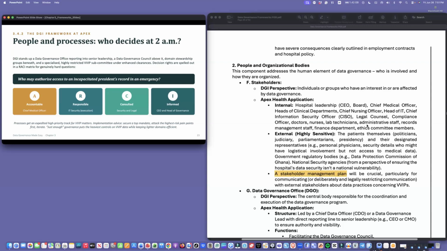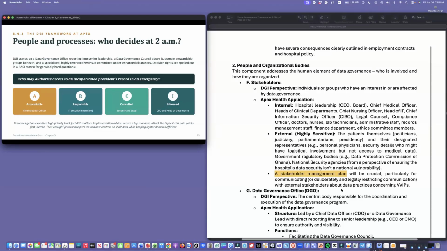The external ones who may be affected by data governance are the patients themselves, their designated representatives, or those who are given power of attorney, and the national security agencies in Ghana. That's if a person of interest comes to the hospital. The data management plan will be crucial, particularly for communicating, or deliberately and legally restricting communications, with external stakeholders about practices concerning VVIP.